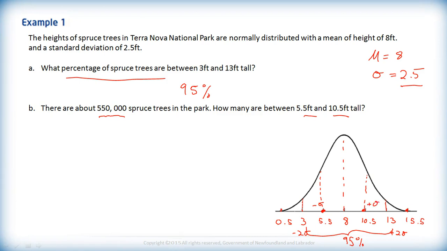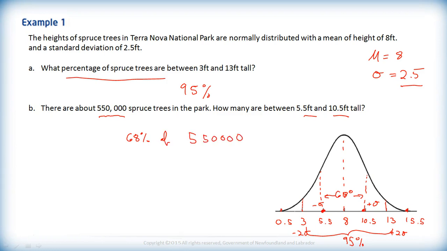So within 1 standard deviation either way, we should have 68% of all of the spruce trees. So if there's 550,000 of them, and we're talking about within 1 standard deviation either way, we got 68% of them. So 68% of 550,000.